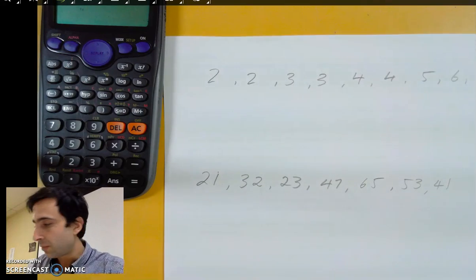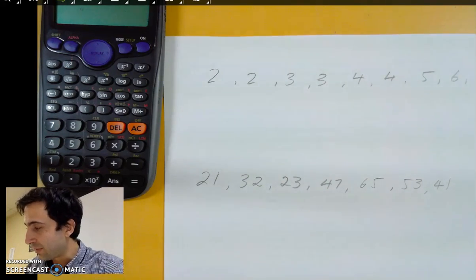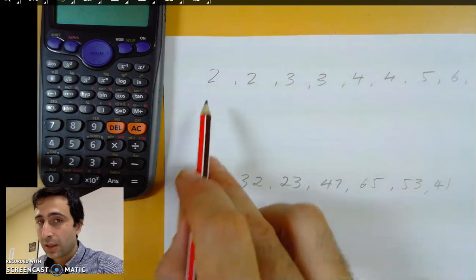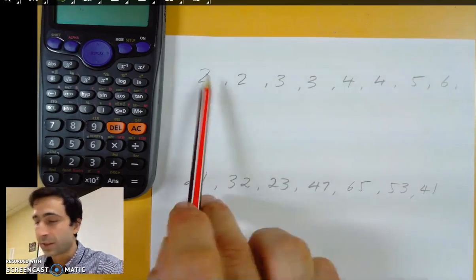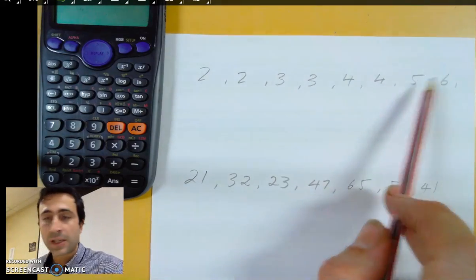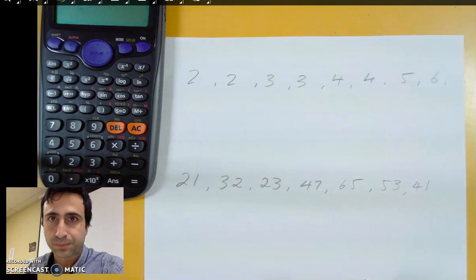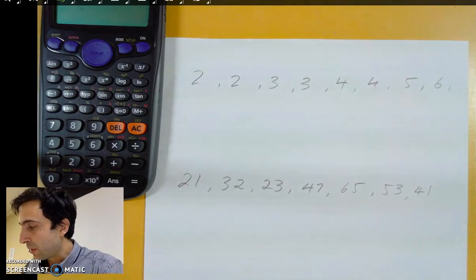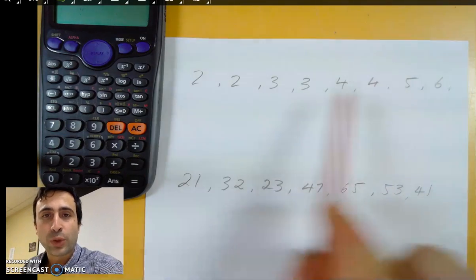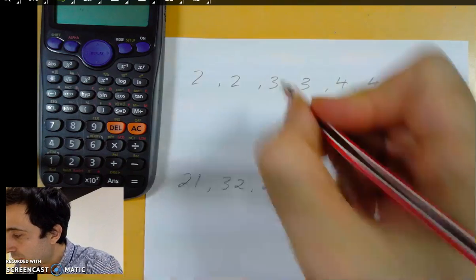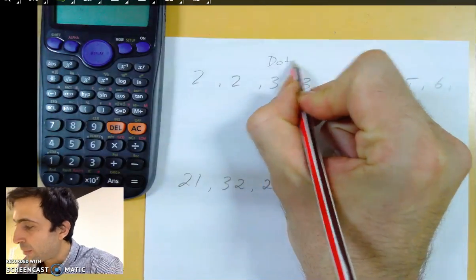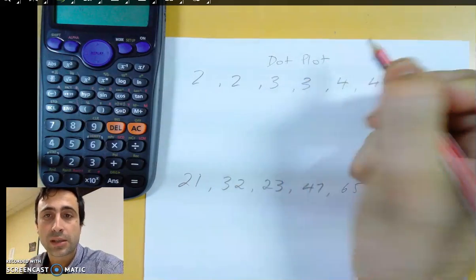Now, if I have a look at these two sets of numbers here, the first set of numbers, 2, 2, 3, 3, 4, 4, 5, 6, we notice that these numbers are actually really close together. Because these numbers are really close together, we can use what we call a dot plot to represent these numbers.